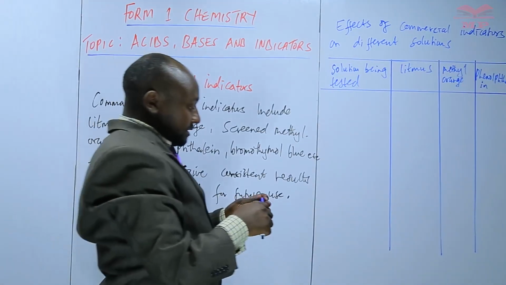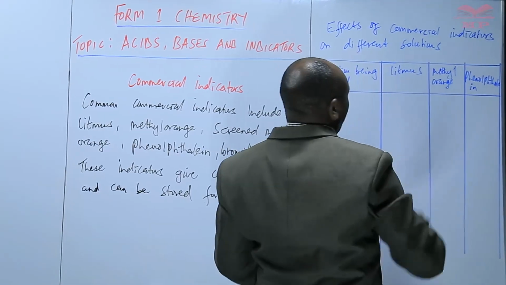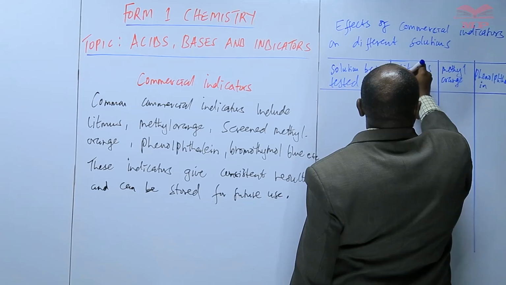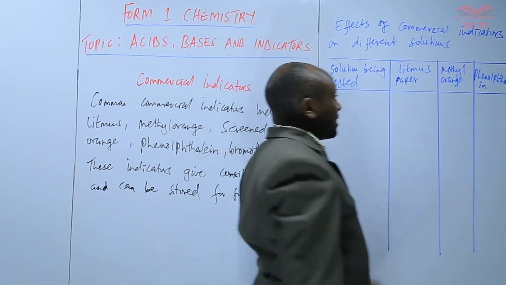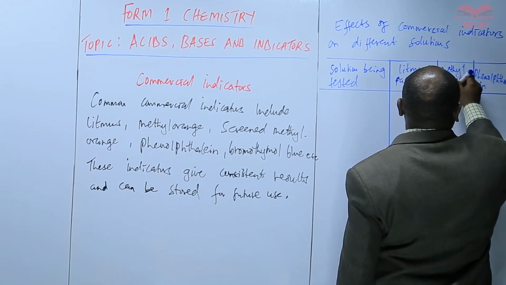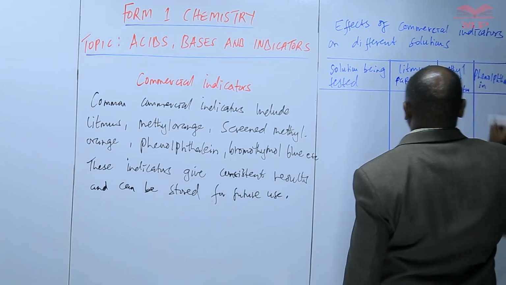We'll have a solution being tested in the first column. Then here we can use litmus paper as one of the indicators, or we can still use the litmus solution. They just give the same results. Then we have methyl orange indicator, and then we have phenolphthalein indicator.